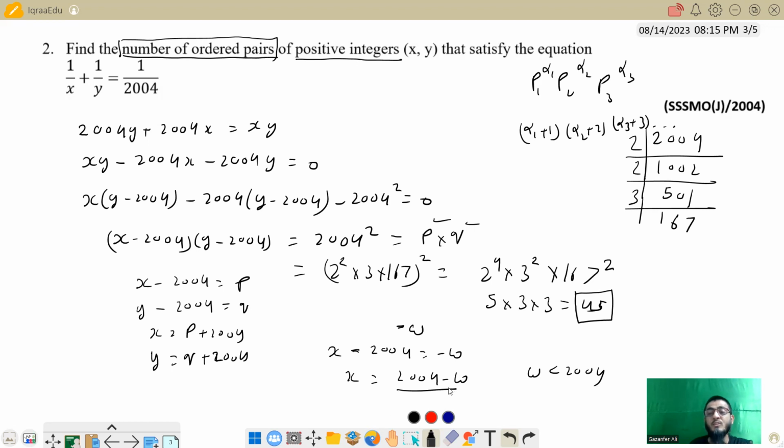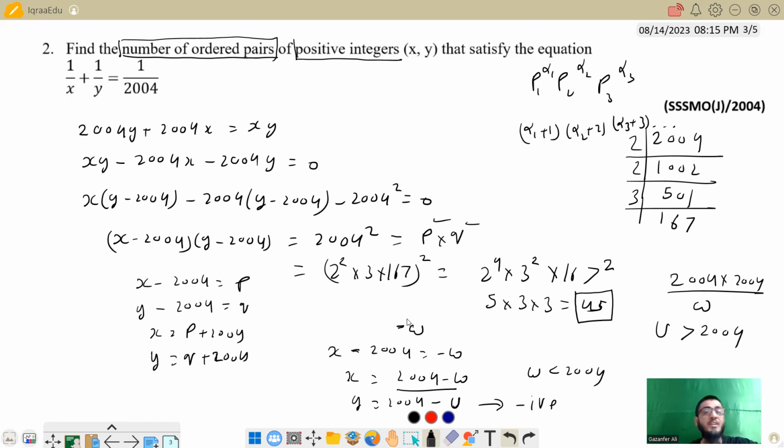But then the other factor of 2004 square, divided by W, will be greater than 2004. Then Y is equal to 2004 minus U, and this will be negative because U is greater than 2004. But we want positive integers X and Y. So the negative factors will not give us any solution.